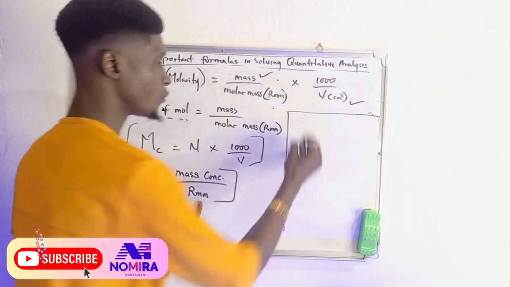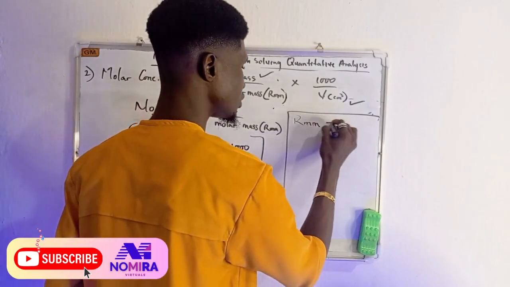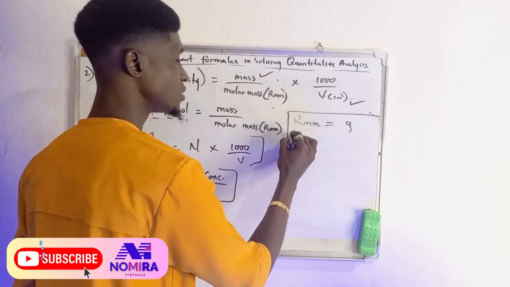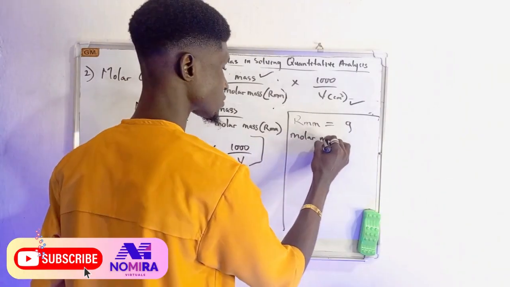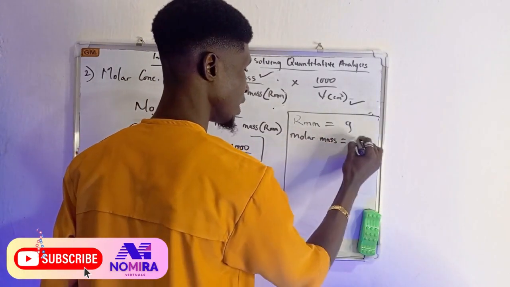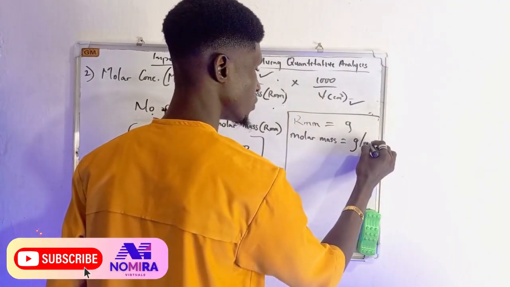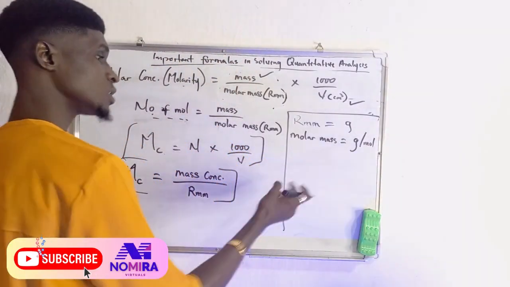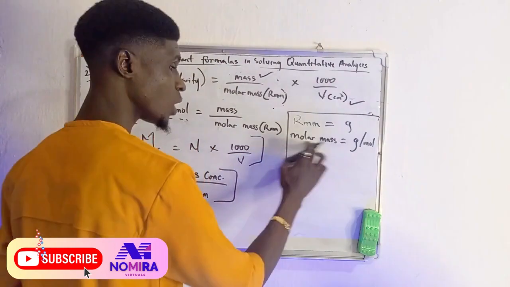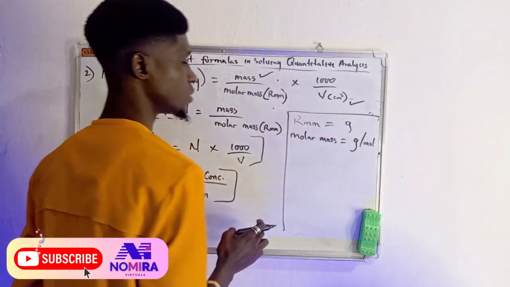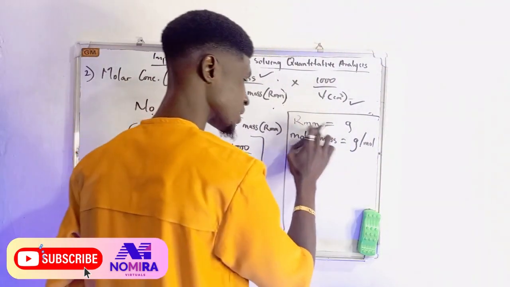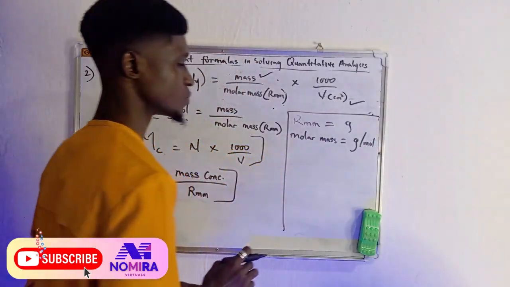Therefore, the unit of relative molecular mass is just gram, while the unit of molar mass is this same mass in mole. So we call it gram per mole. Molar mass, gram per mole. Relative molecular mass is just gram.